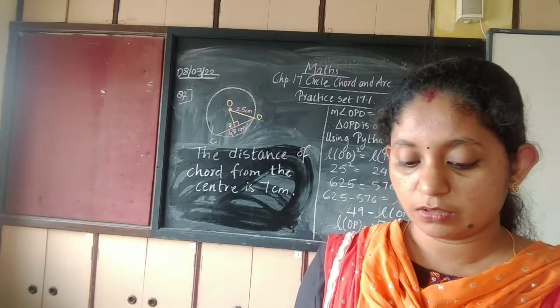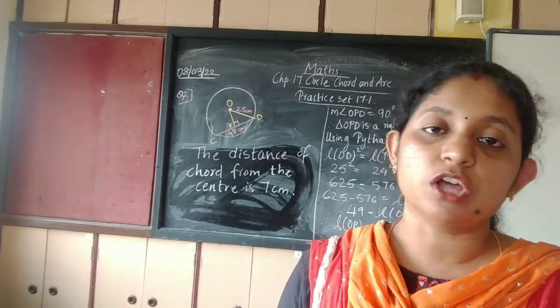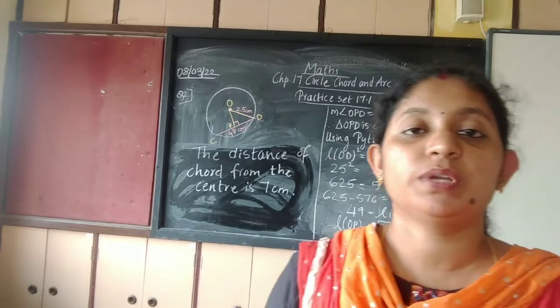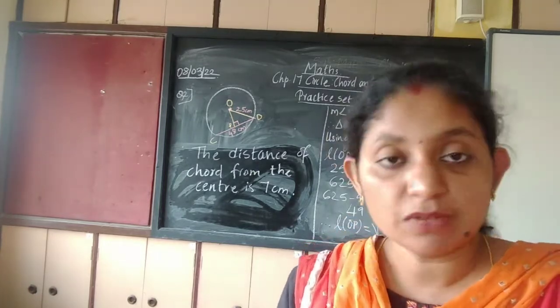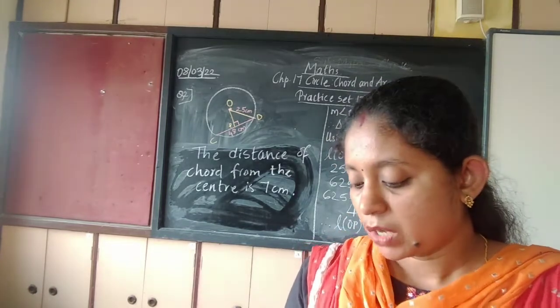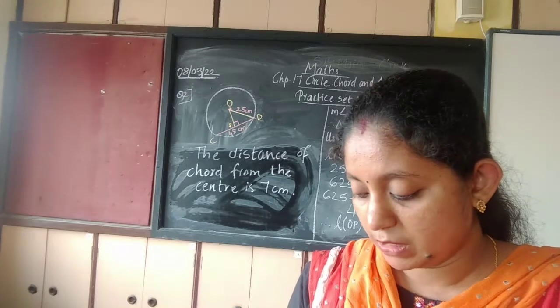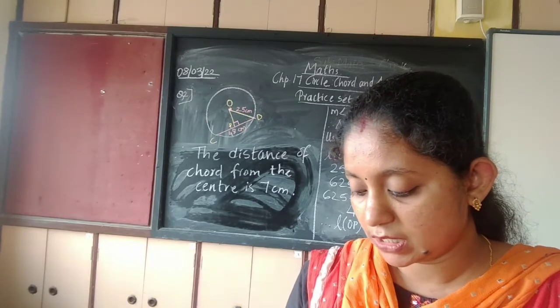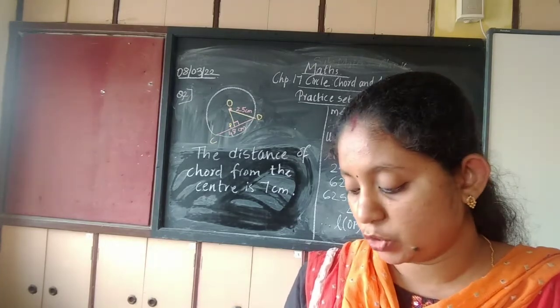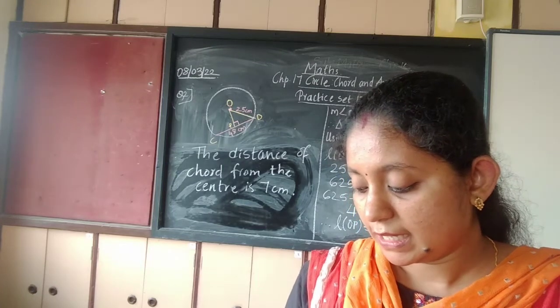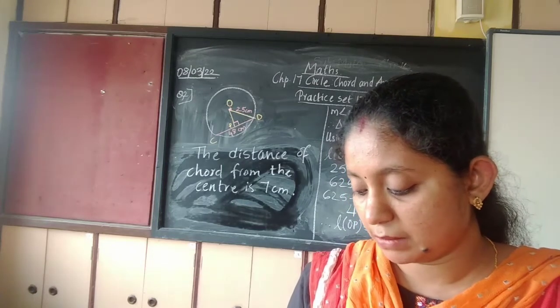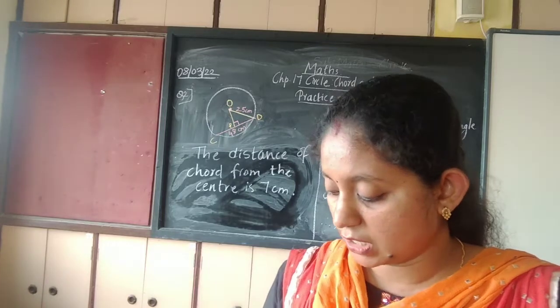Now what is this third question given? Now students, almost all the questions are related to each other. So here let's see what the third question is all about. O is the center of the circle. Find the length of radius if chord of length 24 centimeter is at distance of 9 centimeter from the center of the circle.